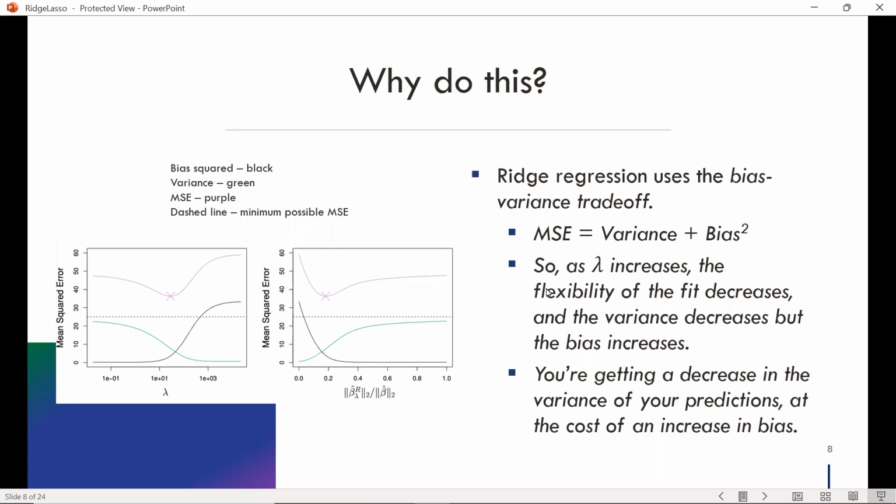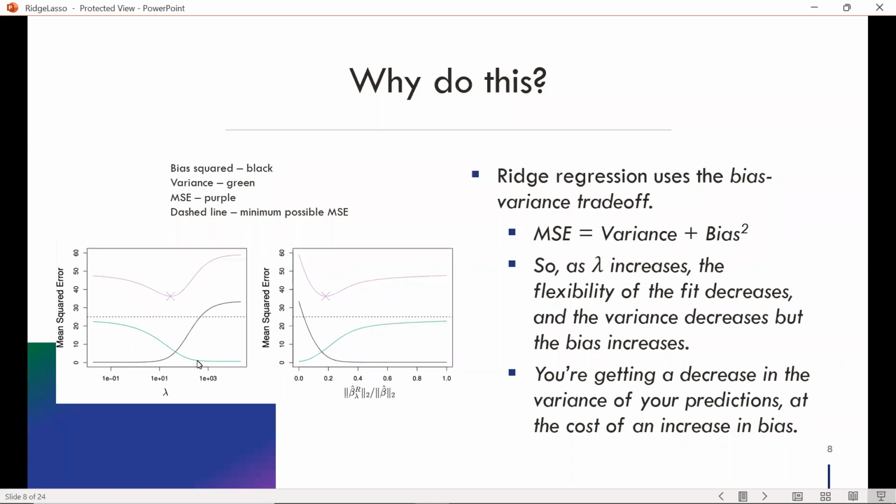So as lambda increases, the flexibility of the fit decreases, because it basically puts more penalty on your coefficients. Those coefficients get smaller and smaller, and the flexibility decreases, so the variance will decrease. And we saw the bias is increasing.